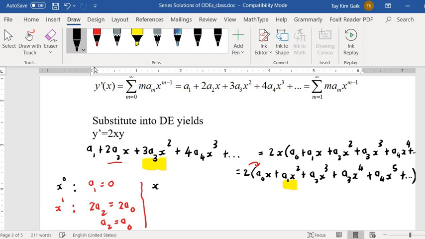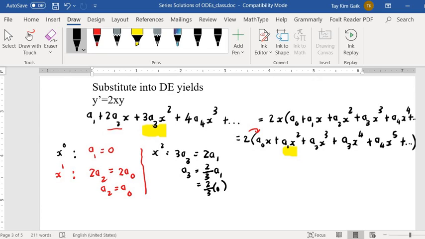So for x squared, you have 3a3 equal to 2a1. So a3 equals 2 over 3 a1. However, a1 is 0. That's why a3 equals 0.